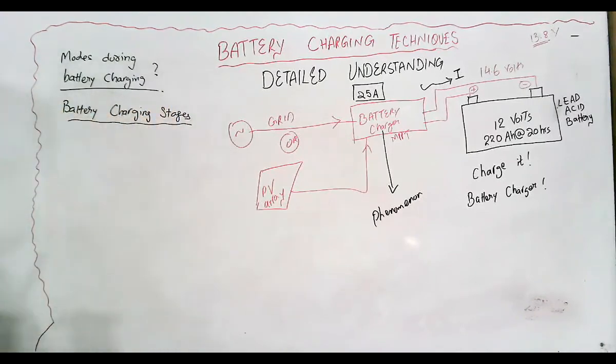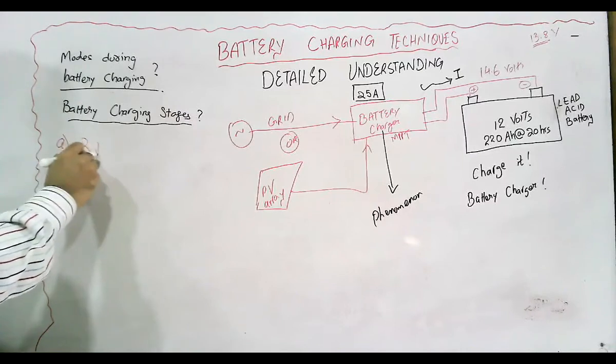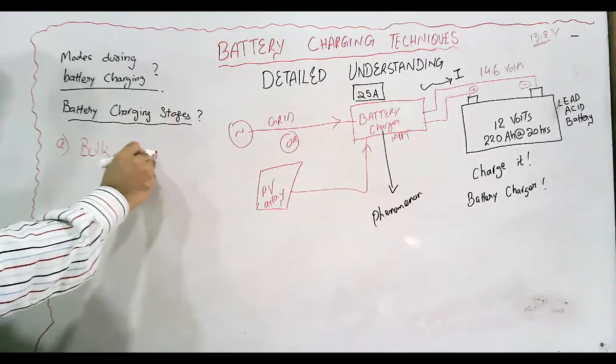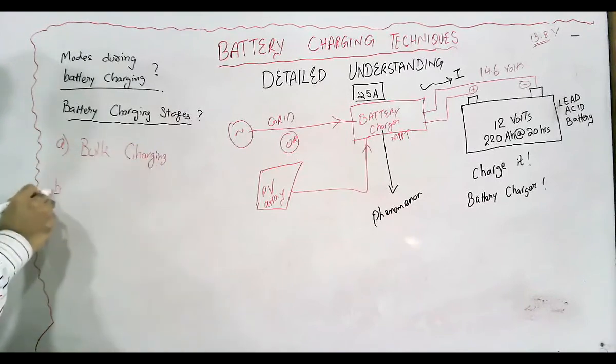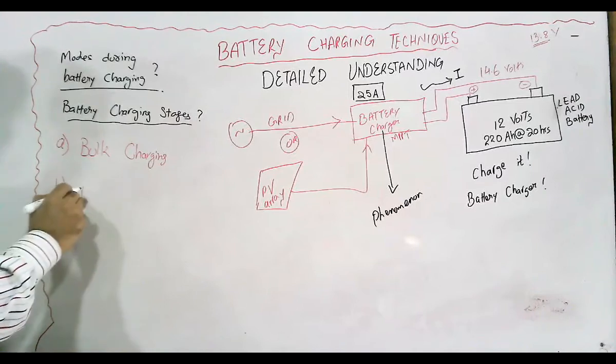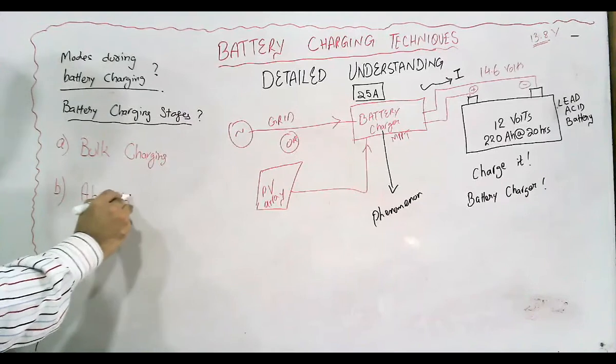So the first stage is bulk charging. The second stage is absorption.